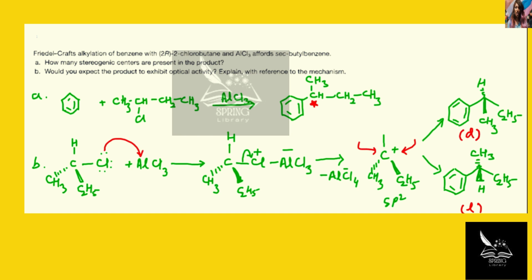In the product we are actually getting a racemic mixture of these two isomers, which are optically active individually, but the chances of formation of these two products, D and L, are equal, and we are getting the racemic mixture, that is DL, 50% D and 50% L isomer, and because of that the product is optically inactive.